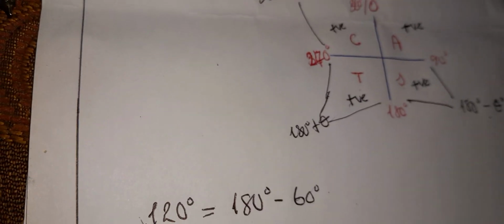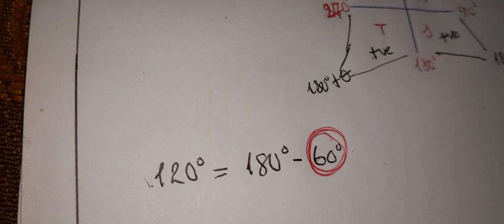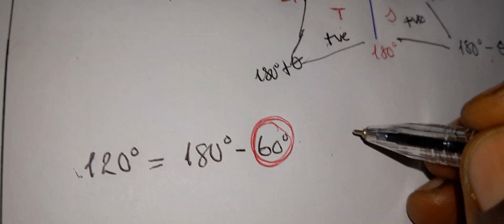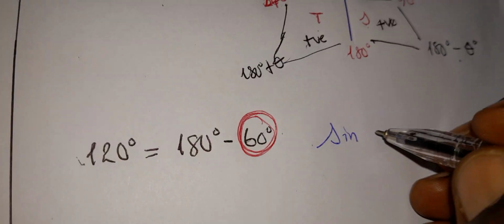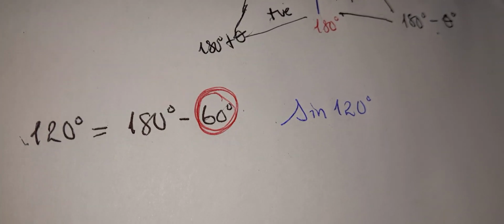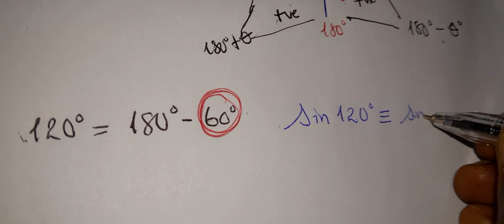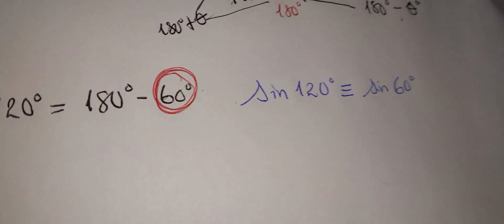So this value here is our main concern. So if you are asked what is sine 120, sine 120 is the same thing as sine 60 degree.